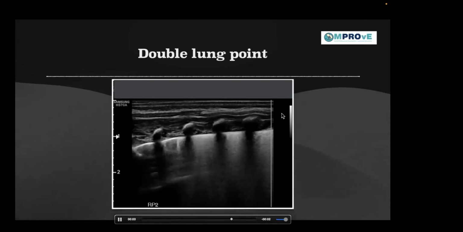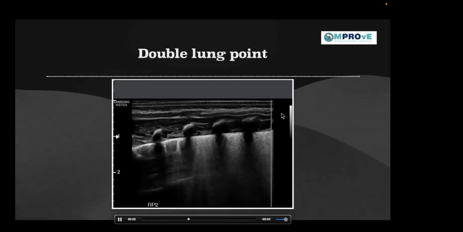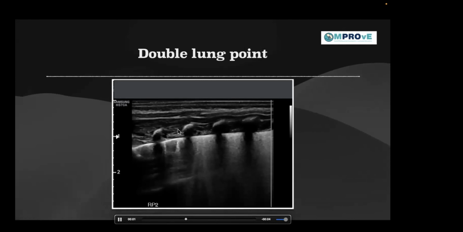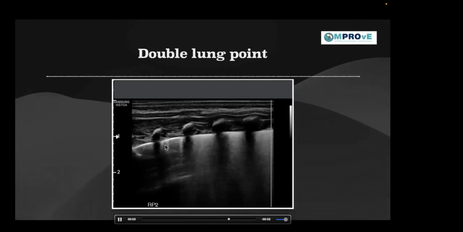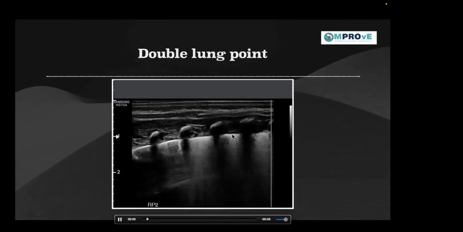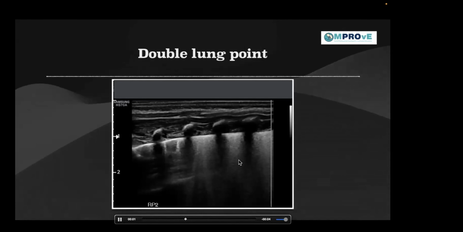We have spoken about lung point, which is a transition between a normal aerated lung and pneumothorax. Double lung point is a place where there is a transition between the area of well aerated lung and the other area which is more of a fluid filled lung.